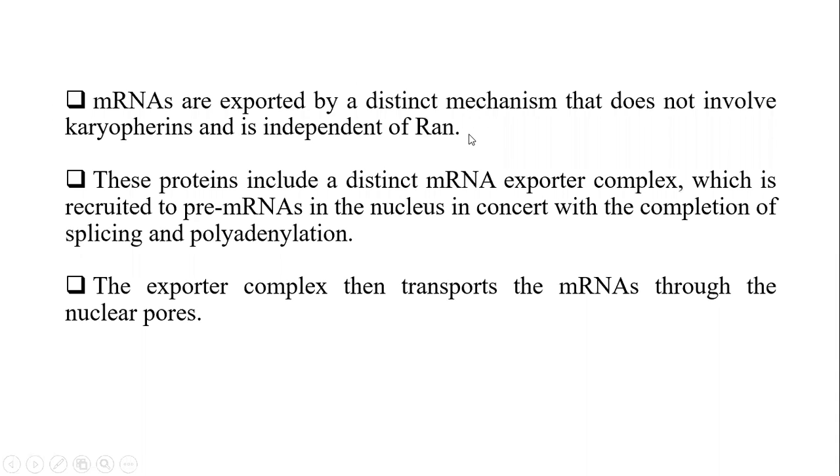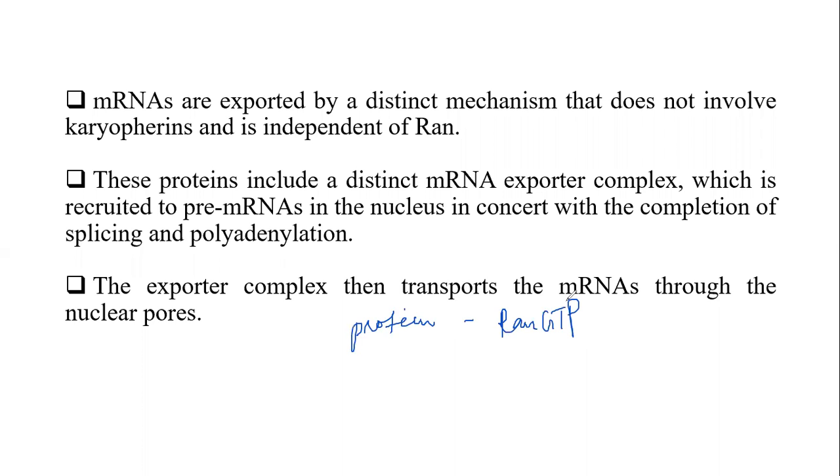Now mRNA transport. This we will be doing in detail. mRNAs are exported by a distinct mechanism that does not involve the karyopherins and is independent of RAN. What we are trying to say here is that, like in protein transport yesterday, we needed RAN GTP.